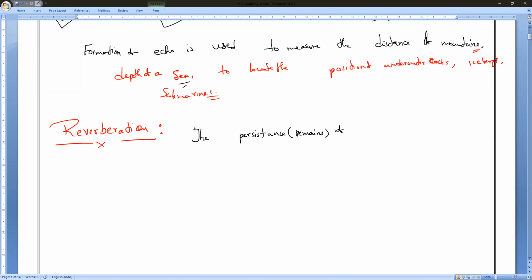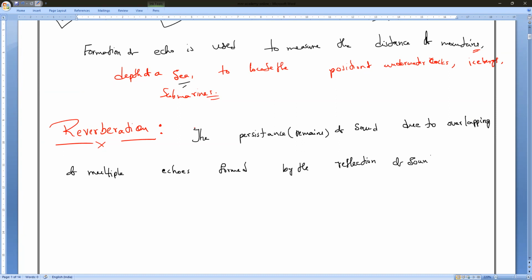The persistence of sound is due to overlapping of multiple echoes formed by the reflection of sound in a big hall, from the walls, floor, roof, etc.